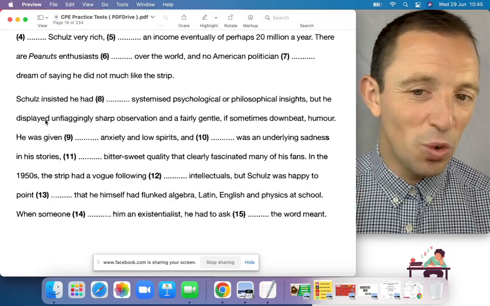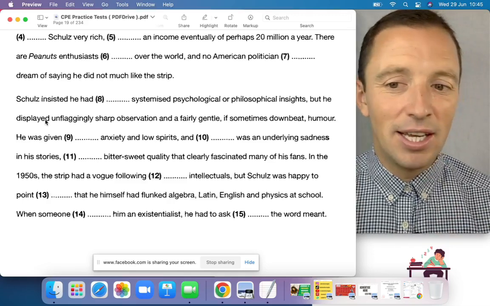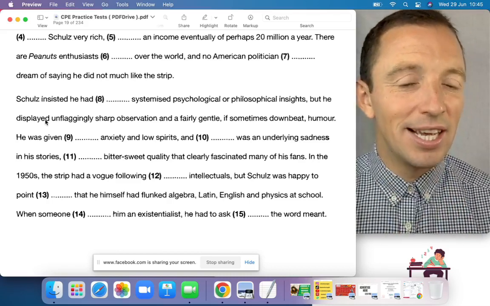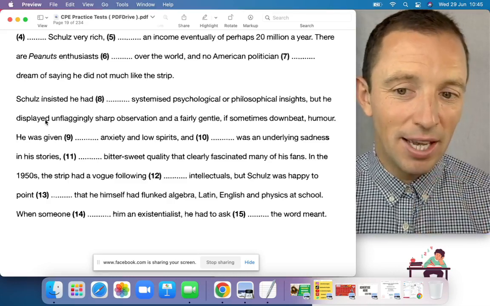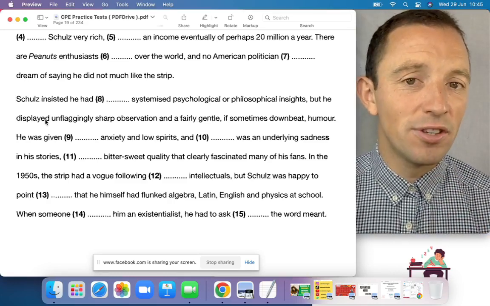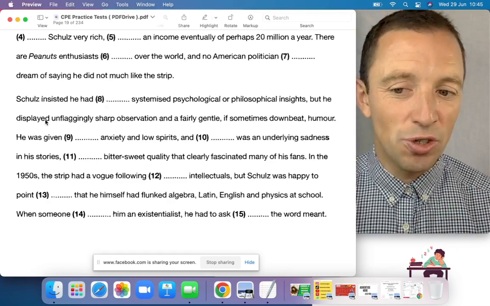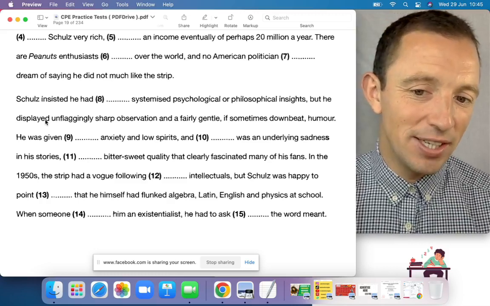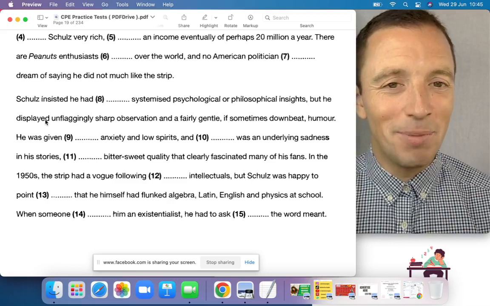Something bittersweet quality that clearly fascinated many of his fans. In the 1950s, the strip had a vogue following, space, intellectuals, but Schultz was happy to point, space, that he himself had flunked algebra, Latin, English, and physics at school. When someone space him an existentialist, he had to ask space the word meant.